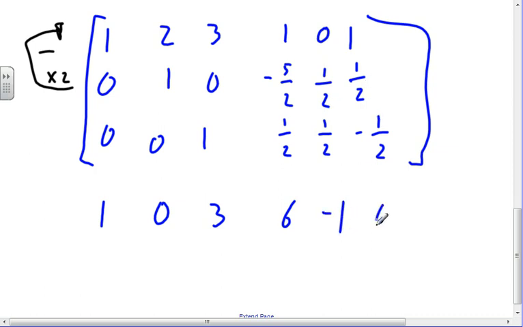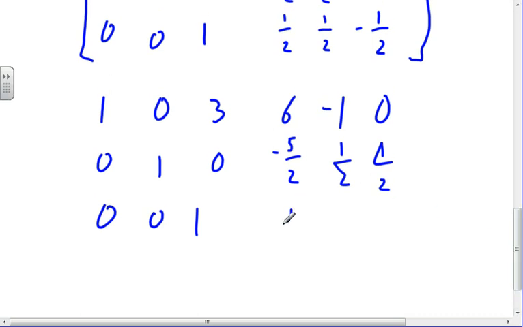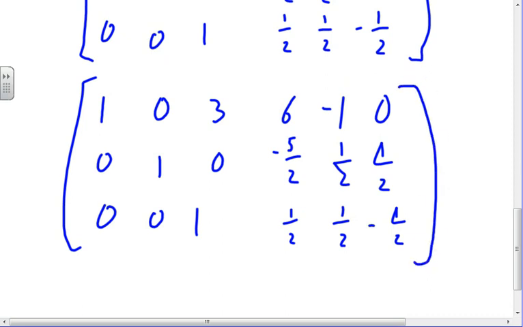Minus 1 gives me a 0. 0, 1, 0, 5 over 2, 1/2, 1/2. 0, 0, 1, 1/2, 1/2, minus 1/2. Okay, get out the eraser, see if we can make it look a little bit prettier. Not much prettier, just a little bit.